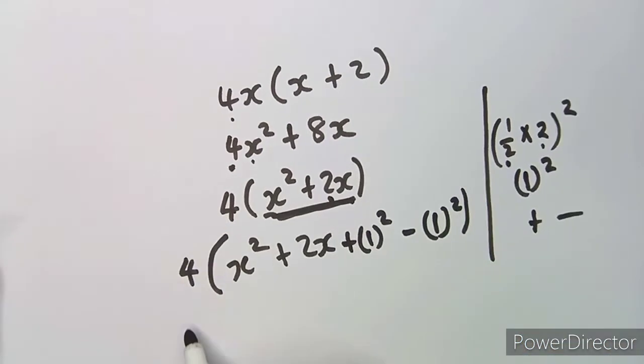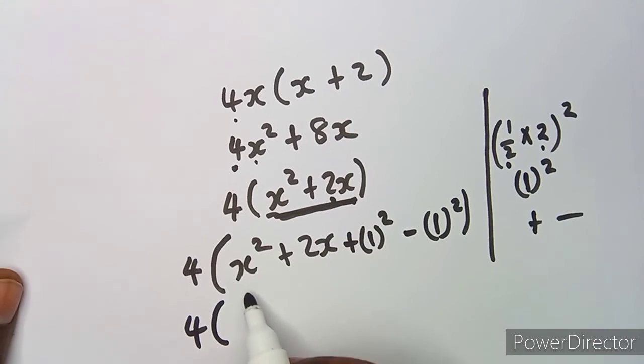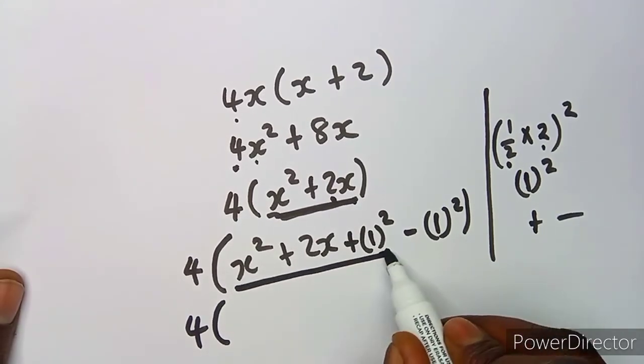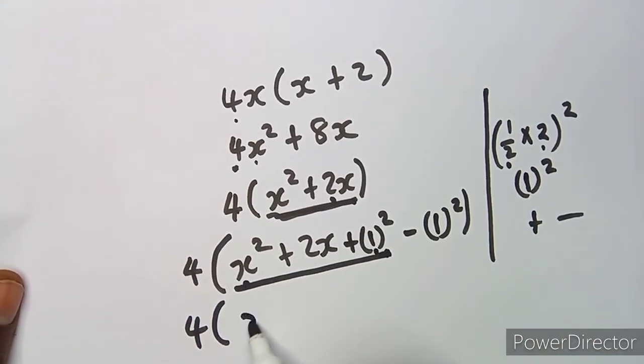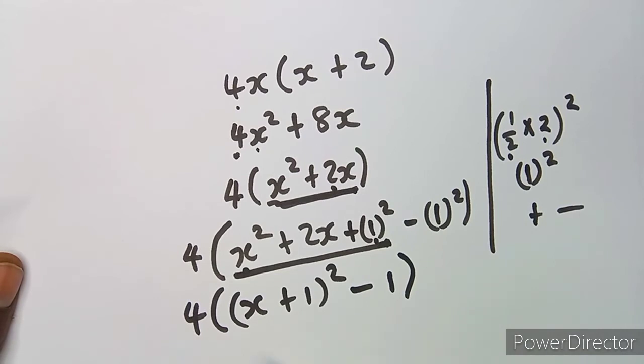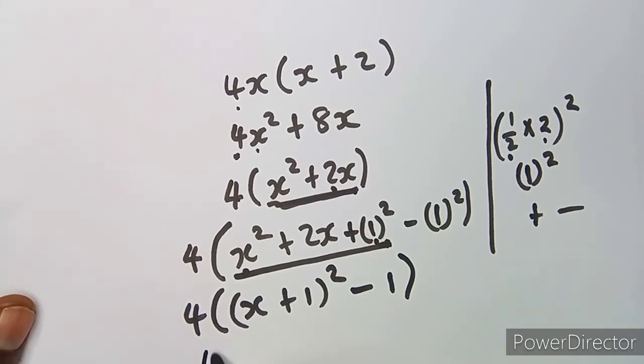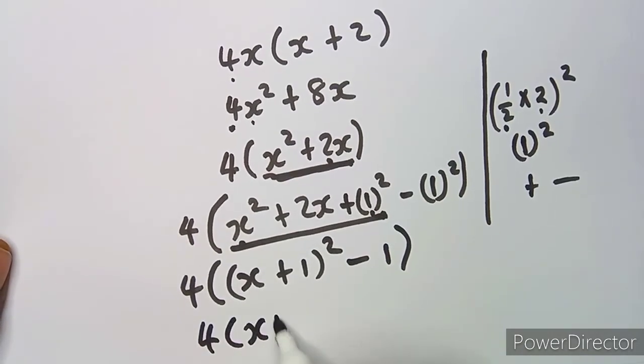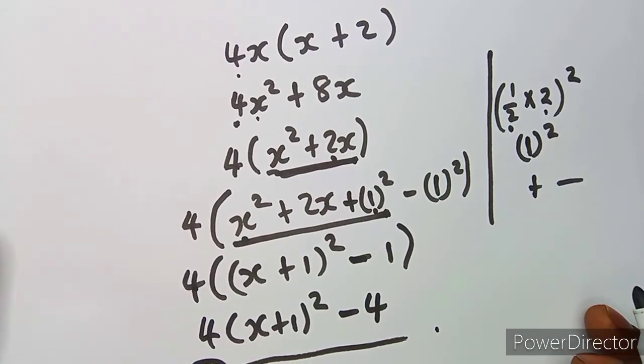At this stage everything is clear. Factorize from this part to this point, which is x and 1. So it's x plus 1, everything squared, and this is going to give you minus 1. And you can expand by 4, guys. The 4 multiplies the bracket, that's 4 into x plus 1 squared, and 4 times minus 1, which is minus 4. So at this stage I have completed the square.